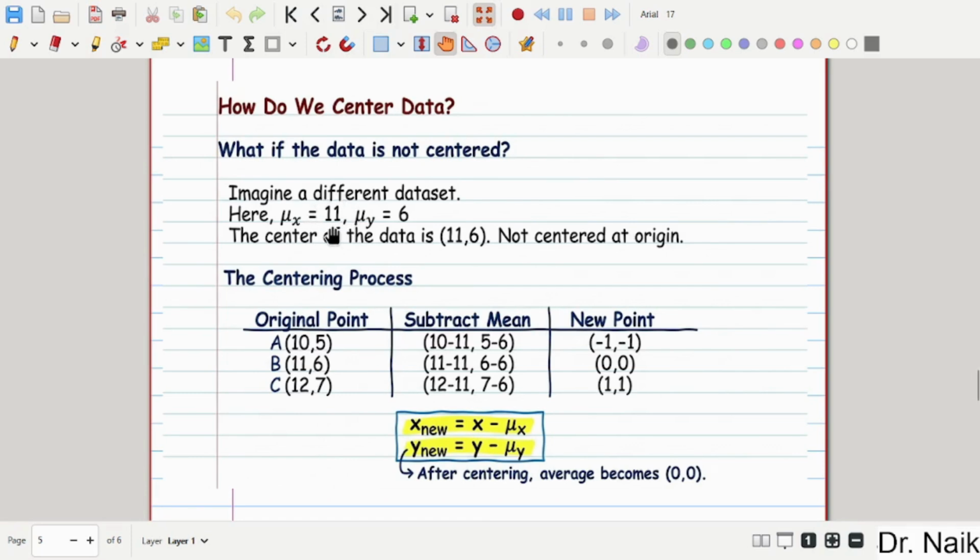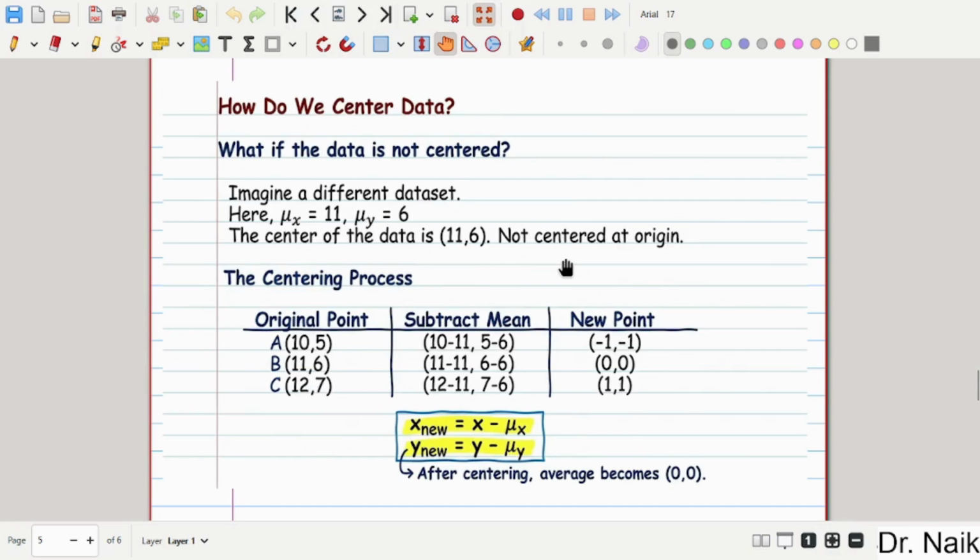So this is 11 and mean of y coordinate is calculated by 5 plus 6 plus 7 divided by 3. So this will give mean of y coordinate as 6. Here we understand that the center of the data is at 11 6. Therefore the data is not centered at origin.